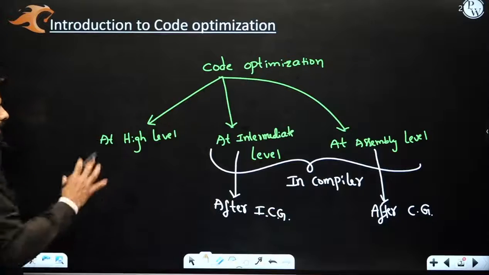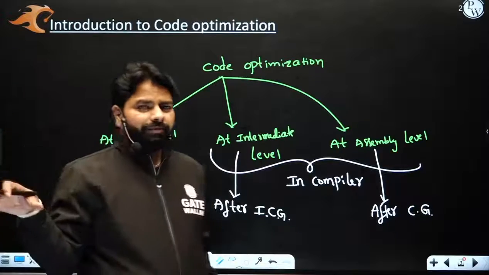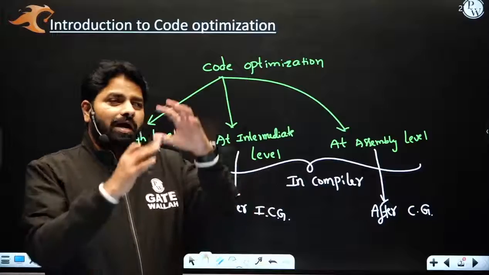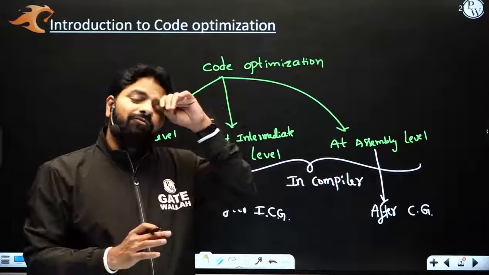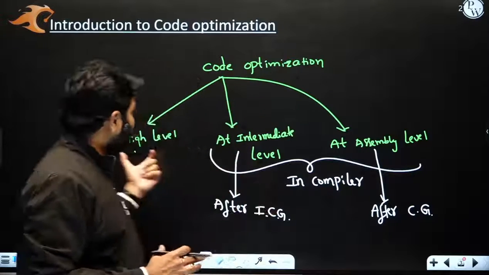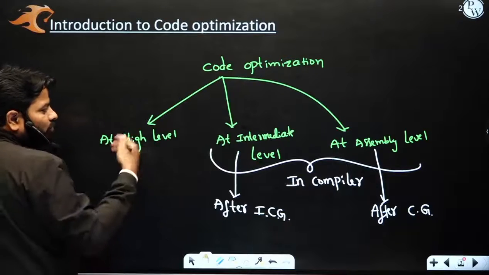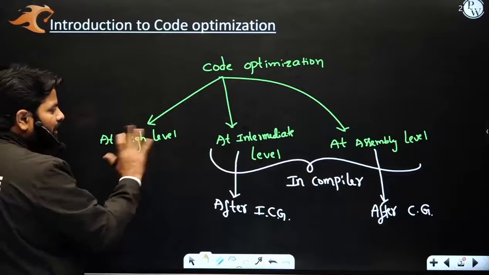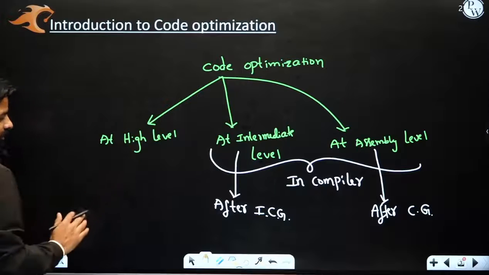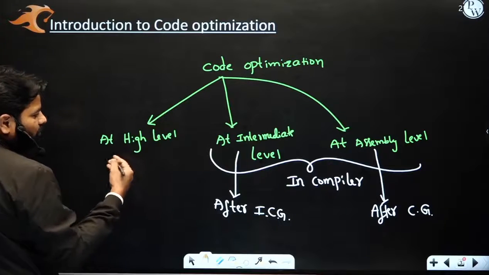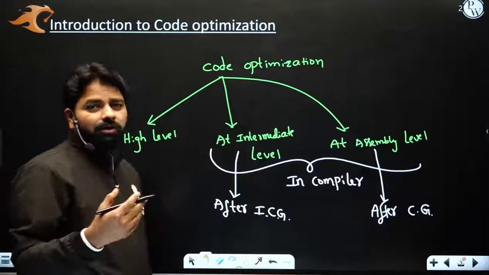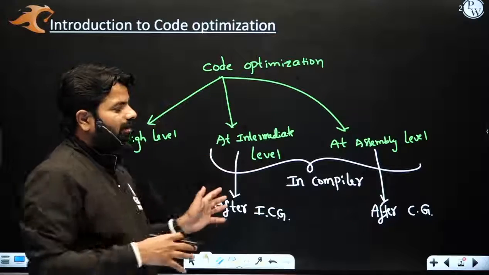This one at high level is like the editor side. When you are writing the code itself, before compiling, the editor might optimize it; you can write your own editors to do things at that level. The compiler will not worry about these things, but it's better to do some optimization at high level, so that much time can be saved.